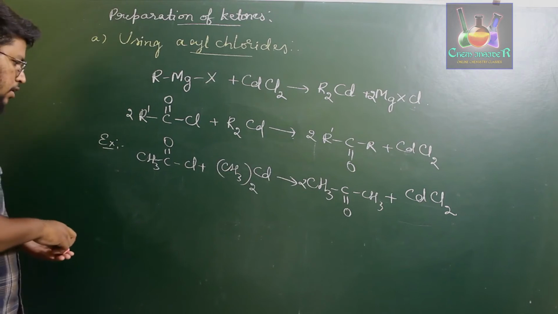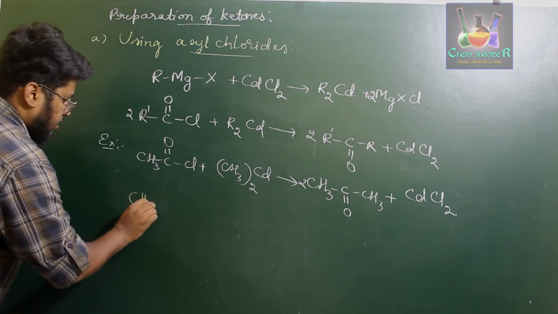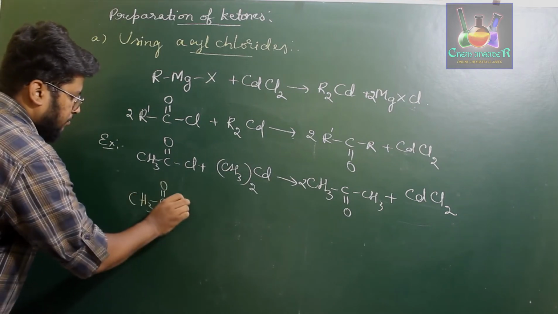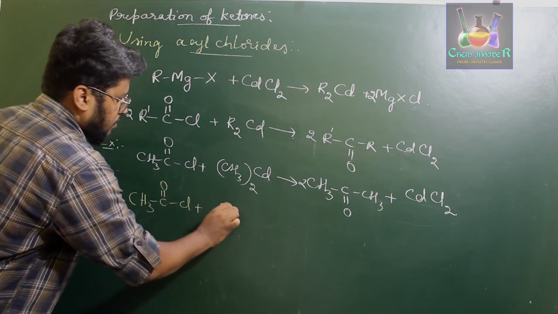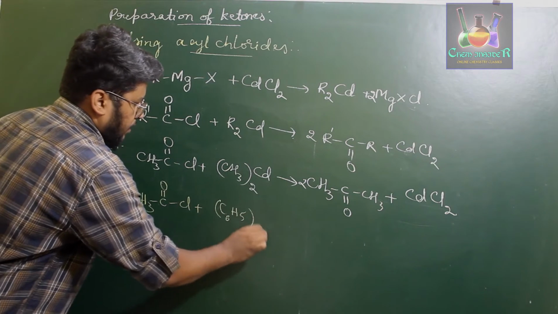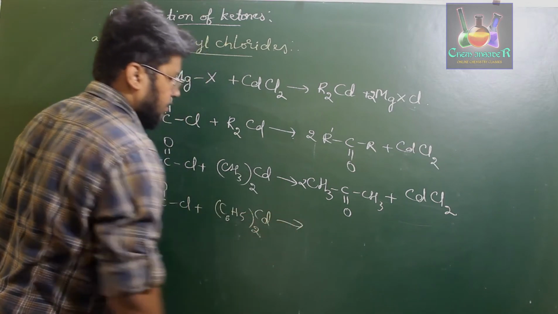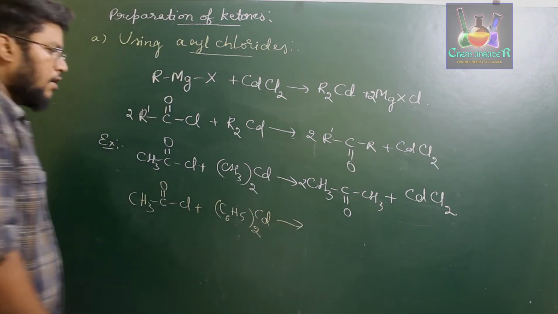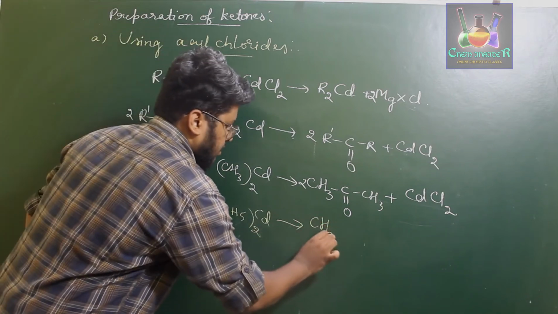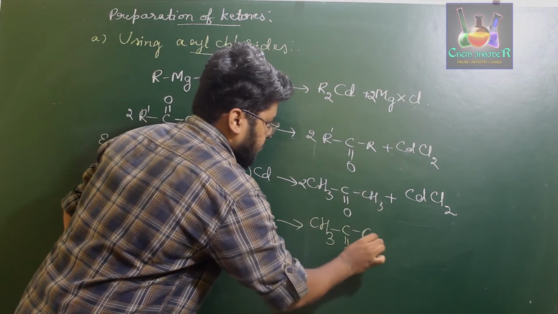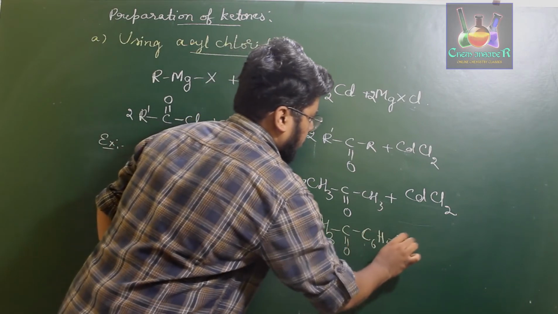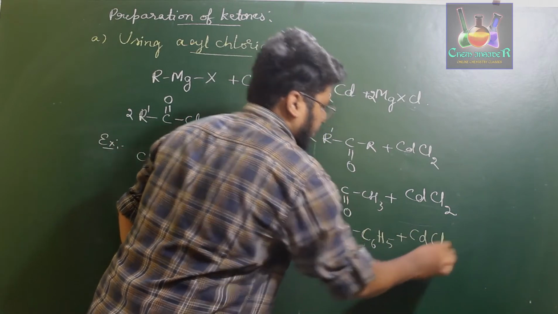In the same way, when you treat CH3, C double bond O, Cl with (C6H5)2Cd, we will be preparing CH3, C double bond O, C6H5 along with cadmium chloride.